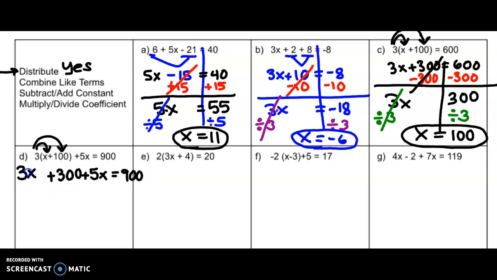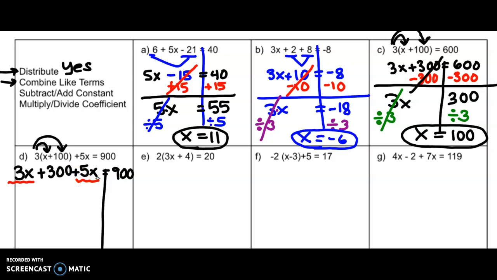Okay, so this is what your expression should look like now. And next, we're going to check if we need to combine any like terms. So do you guys see anything that we can combine on the left-hand side? I have 3x, I have 300, and I have 5x. And it looks like I can combine my 3x and my 5x because they both have the same variable.